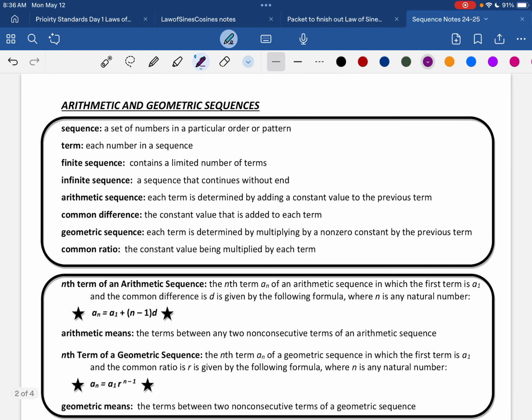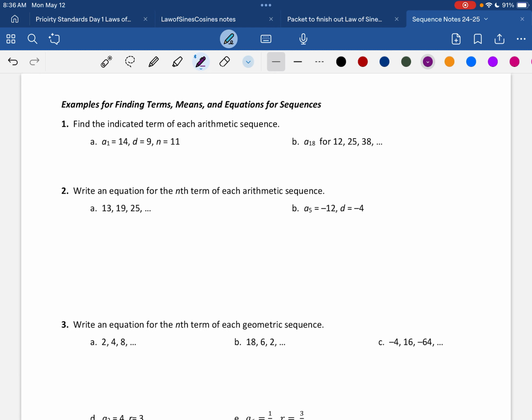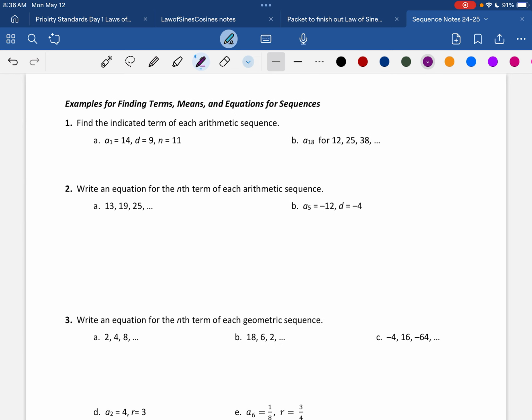I have a few pages added. The next thing we're going to do is find the indicated terms. So we're going to use a specific formula. Your formula is going to be AN equals A1 plus D times parenthesis N minus 1.